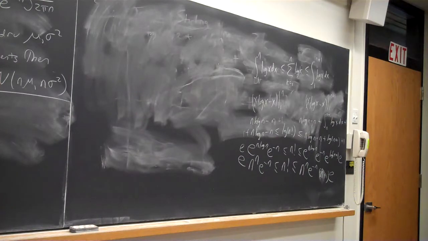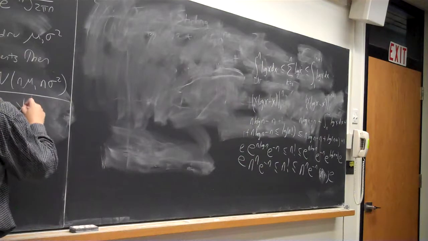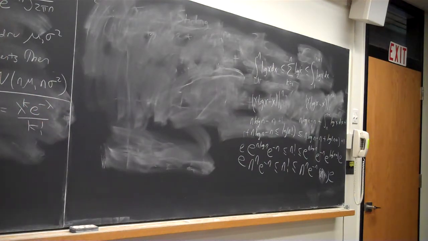So what have we seen that looks like this? Poisson. So Poisson with parameter lambda, and the probability that x equals k is lambda to the k e to the minus lambda over k factorial.